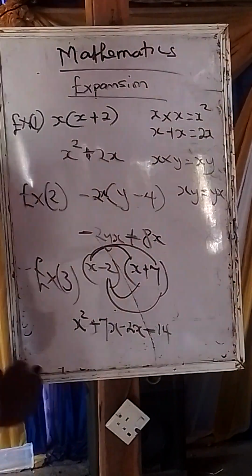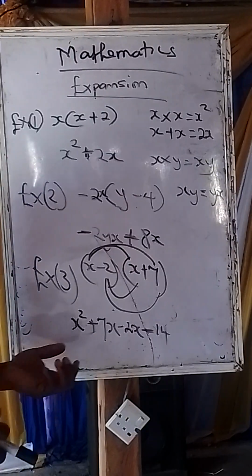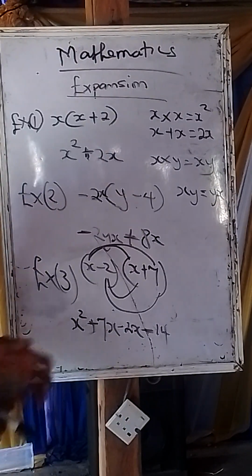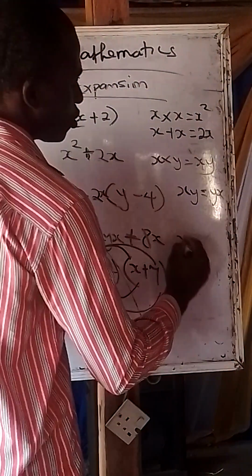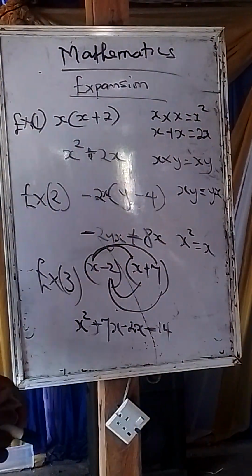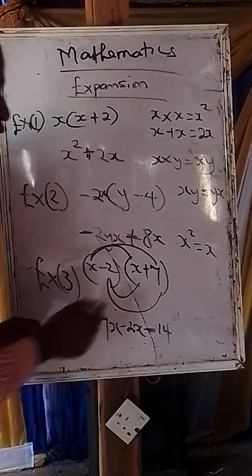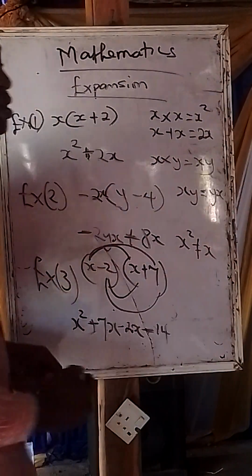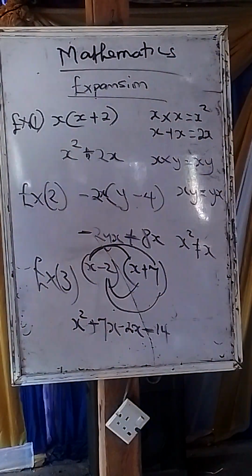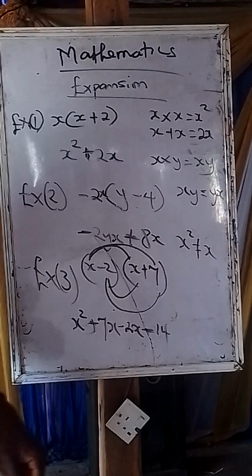Minus 14. Now, if you observe here, we are having two terms that are like terms. Please, don't forget, x squared is never the same thing as x. They are not like terms. But you can see 7x and minus 2x, they are what?